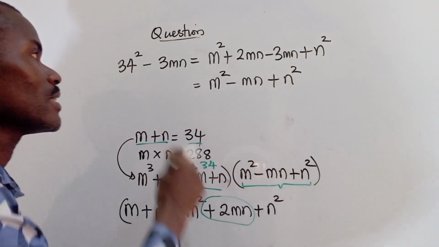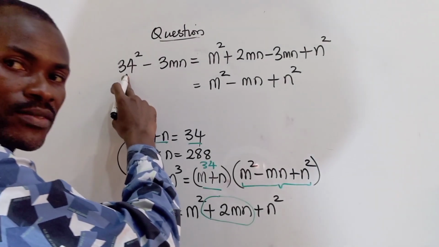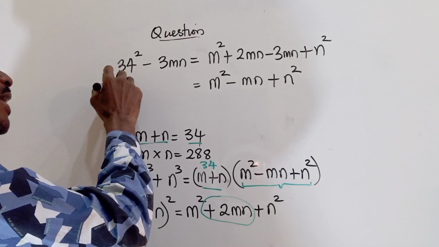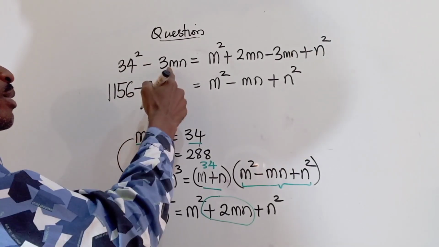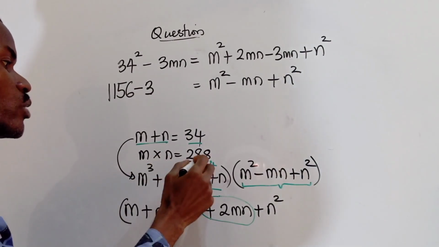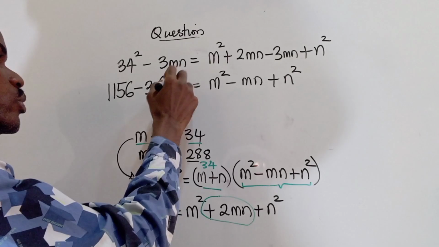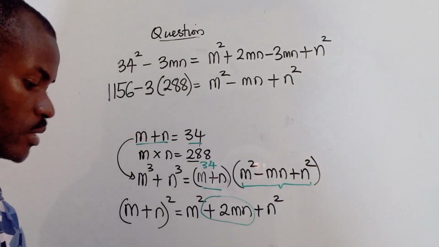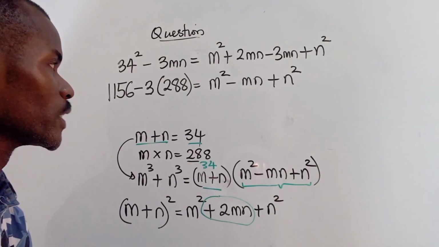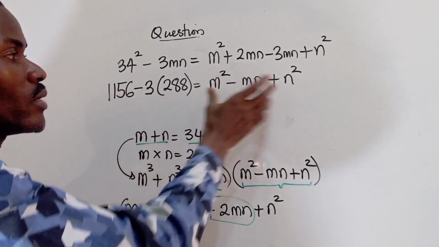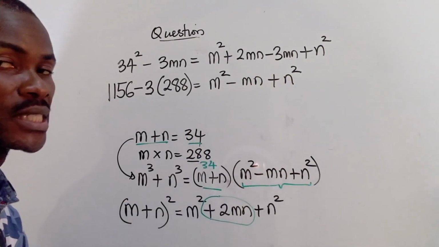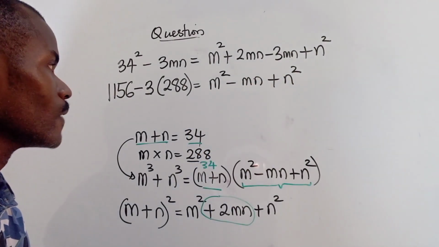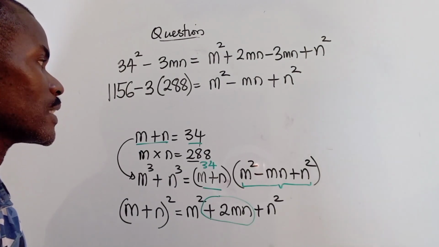So what is 34 squared? It is 1156, minus 3 multiplied by mn, which is 288. So we substitute 288. If we solve this, we get the value of this expression.